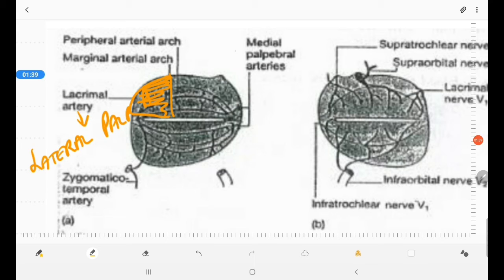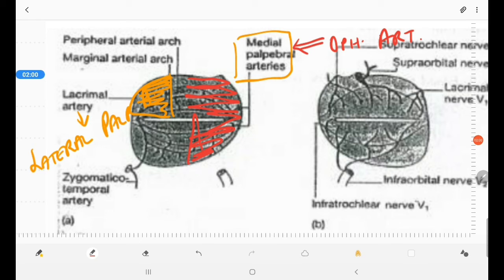Now the medial palpebral artery, it is a derivative of the ophthalmic artery. That supplies the medial end of the lid.